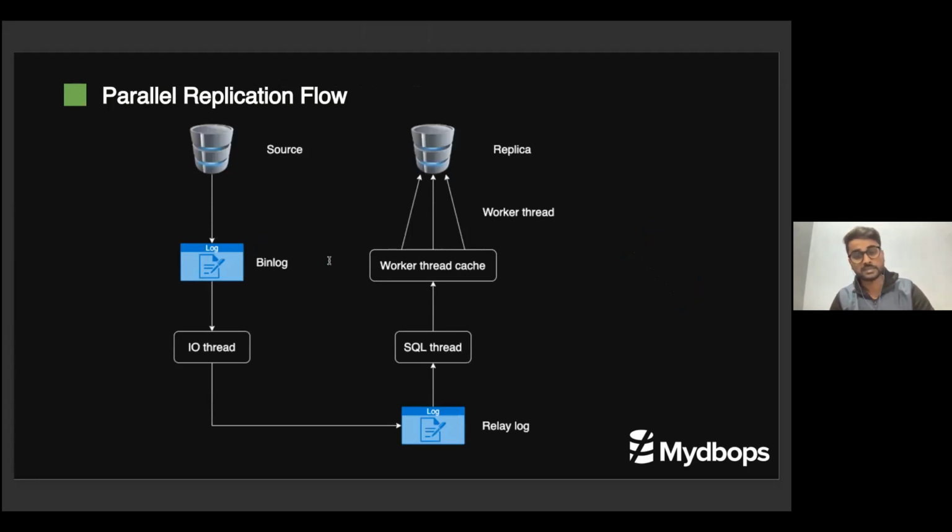From the relay log, it will be taken by the SQL thread and given to the worker thread cache, which holds the jobs in a queue and allocates them to the worker threads of the replica, and those will apply them in parallel. So this is the change that happened in parallel application. Previously the SQL thread directly applied all the changes on the replica, but now a worker thread cache allocates the jobs or events to the worker threads to apply them in parallel on the replica.